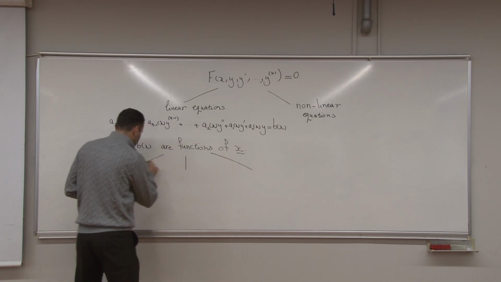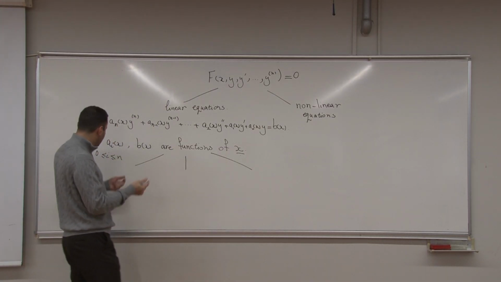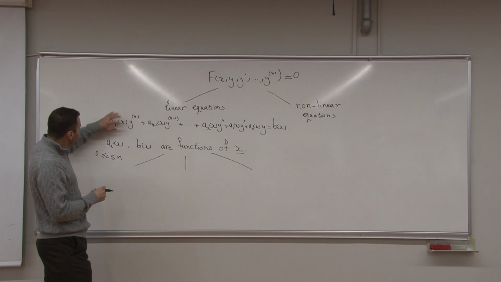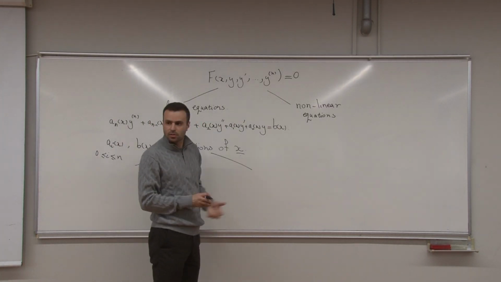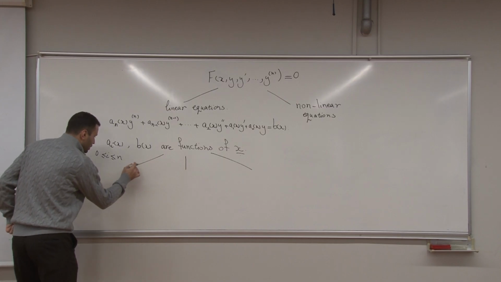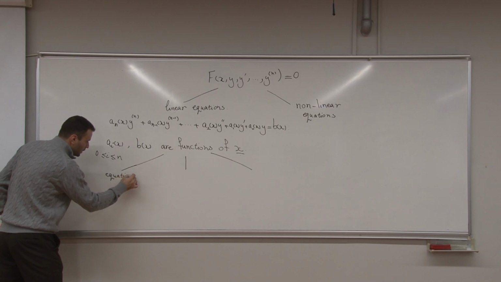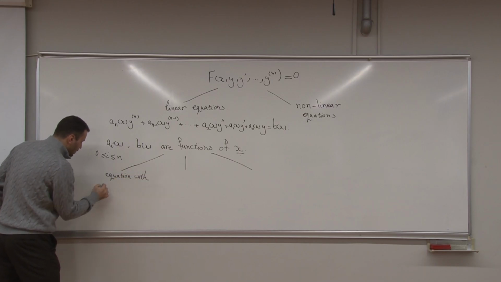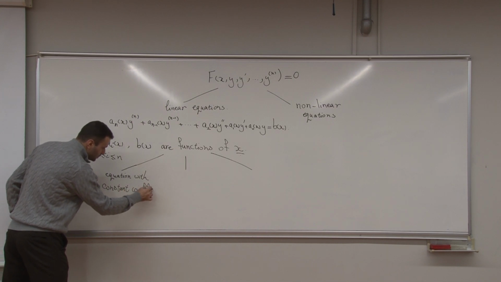What are these simpler cases? One of the simplest cases is that all of these coefficients are just constant numbers. Equations with constant coefficients.